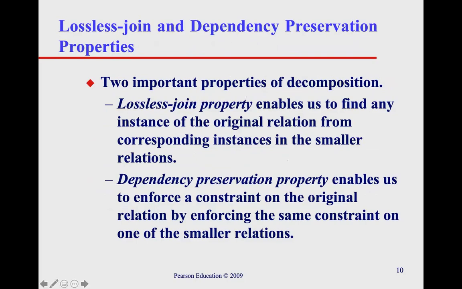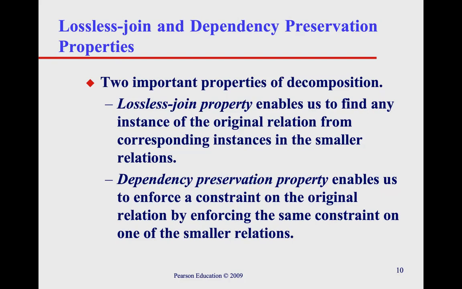So that's called the lossless join property. And the way we essentially accomplish that is with foreign keys. So the foreign keys are what allow us to rejoin the different relations together to reform the original merged relation.